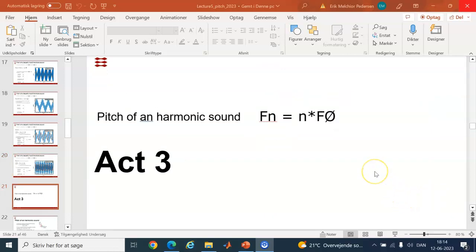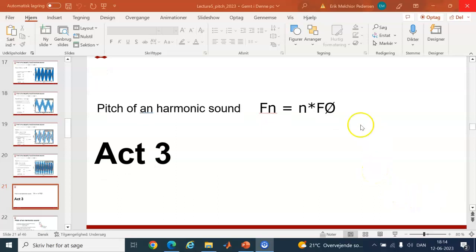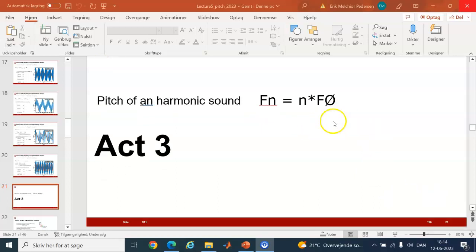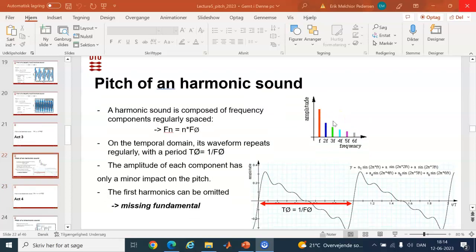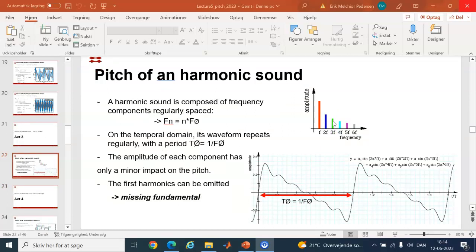Actually, the pitch of a harmonic sound, Fn, is n times the fundamental frequency. A harmonic sound is composed of frequency components regularly spaced. Fn is n times F0: F1, F2, F3, F4, F5, F6.